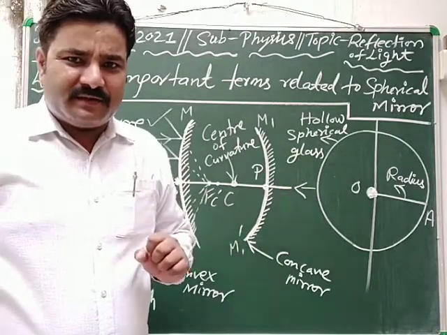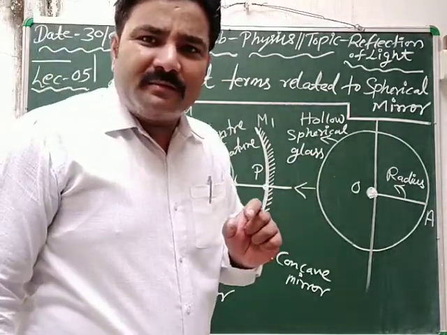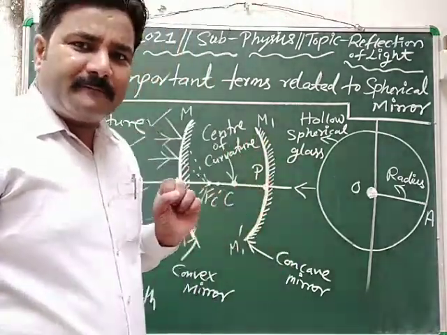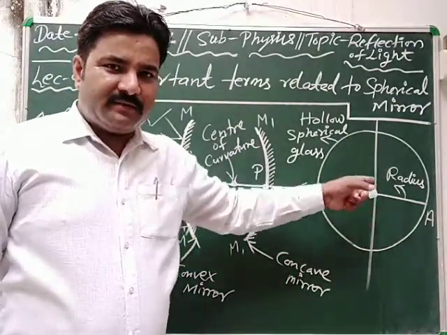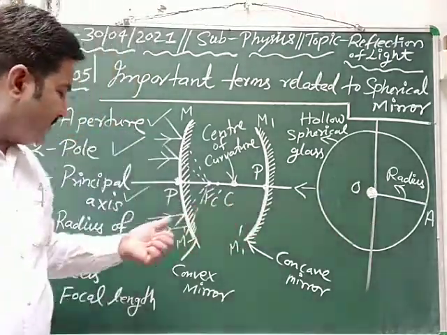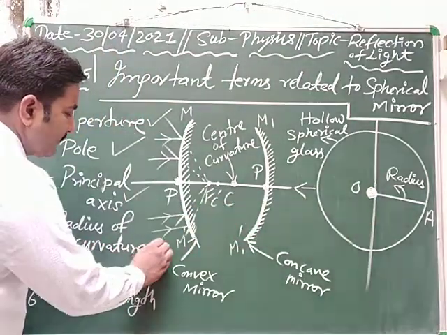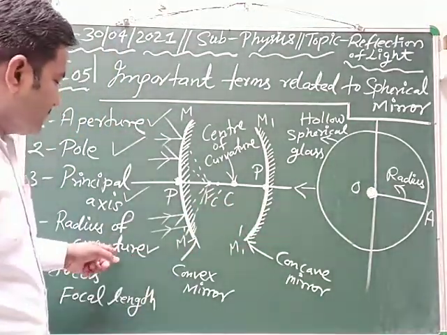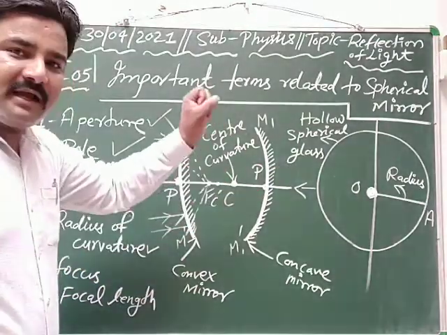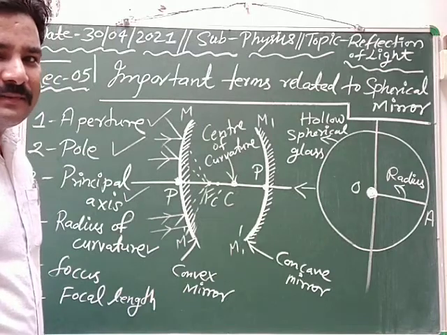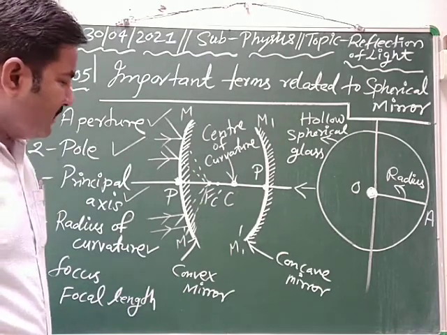The radius of curvature is the radius of that hollow sphere of which the mirror is a part, either a convex mirror or a concave mirror. Clear?